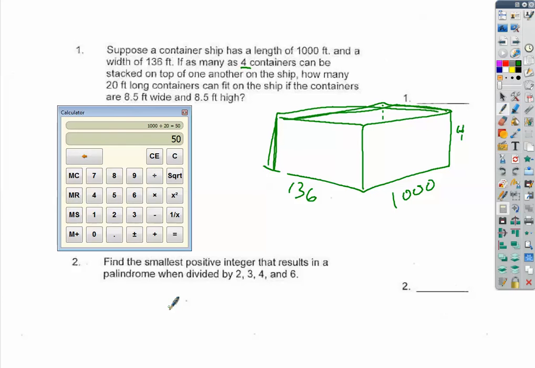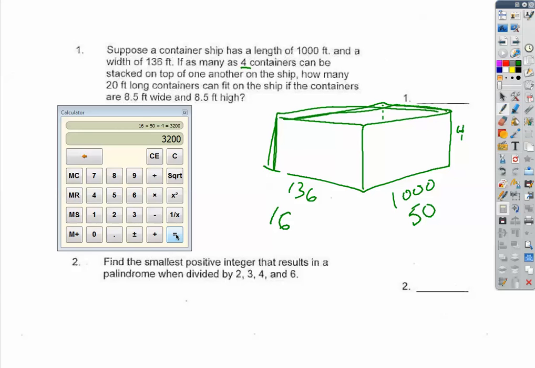So you can get 50 on that side, and then 136 divided by 8.5, so you get 16 this way. So is it as simple as just multiplying 16 times 50 times 4 to get 3,200?